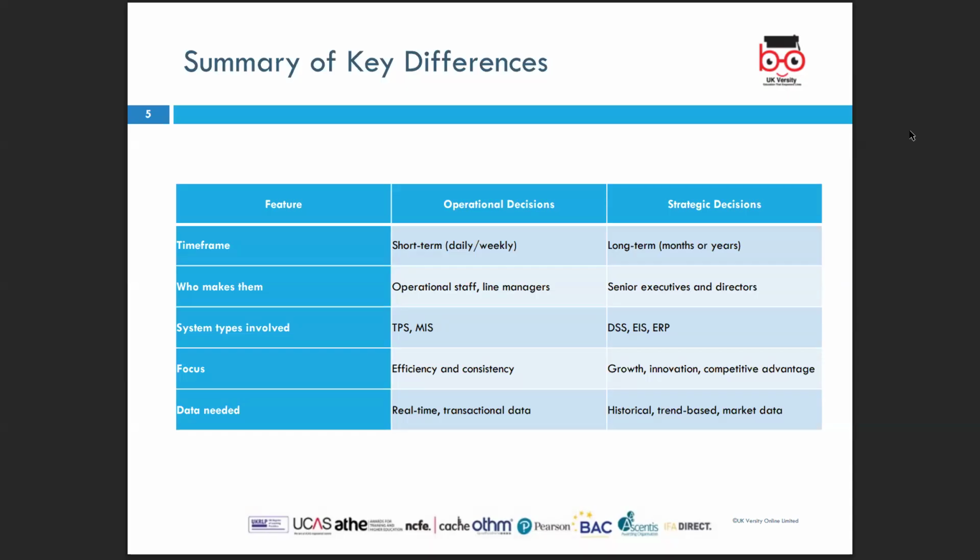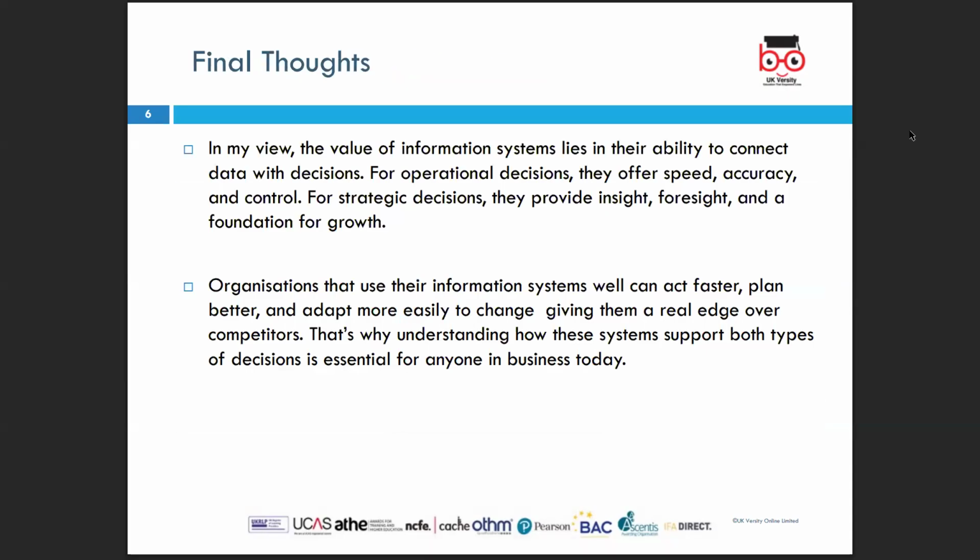With operational, we're looking into efficiency and consistency, while from a strategic point of view, we're looking into growth, innovation, and competitive advantage. The data collected and required for these decisions: for operational, we're looking into real-time, transactional data, while with strategic, we're looking into historical, trend-based, and market data.